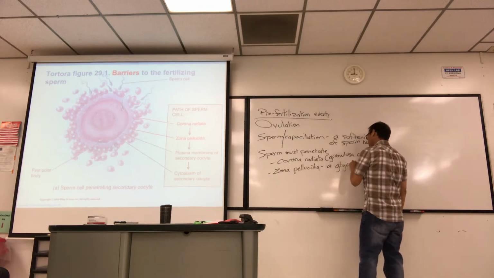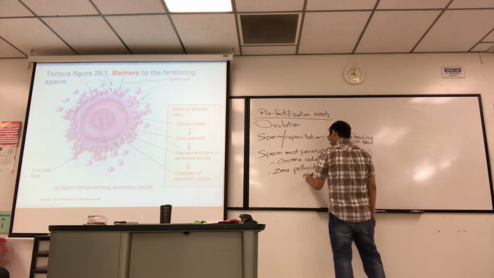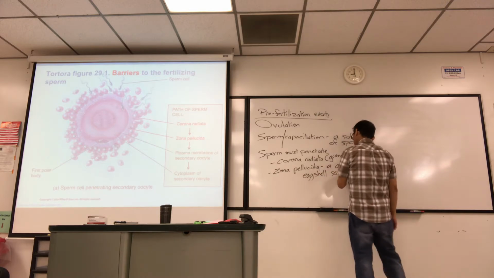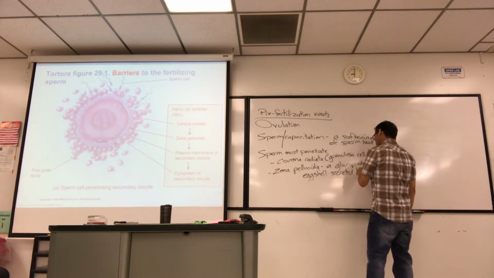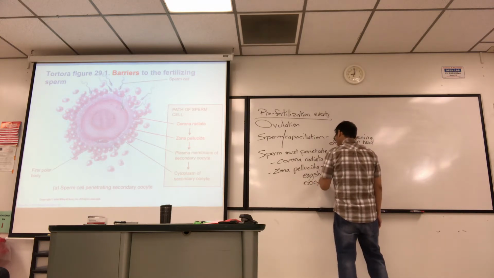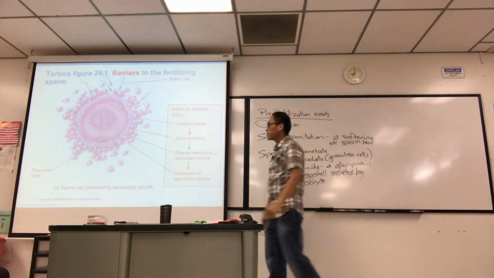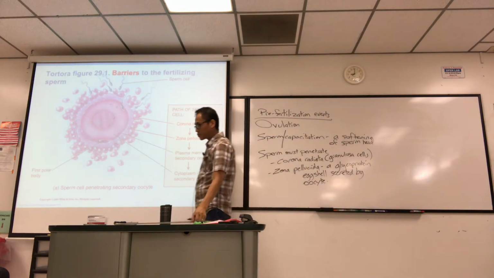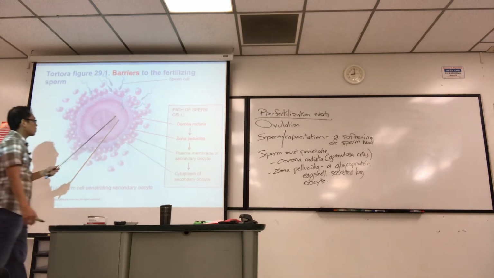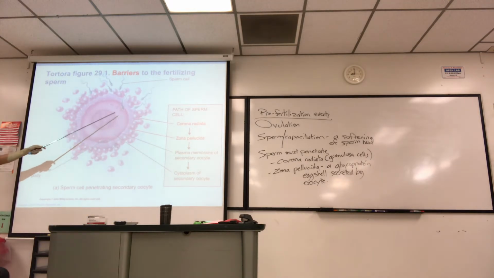A glycoprotein eggshell secreted by the oocyte. And the picture shows sperm getting in. This one got in. So this sperm will basically allow the oocyte to complete meiosis II for conception.